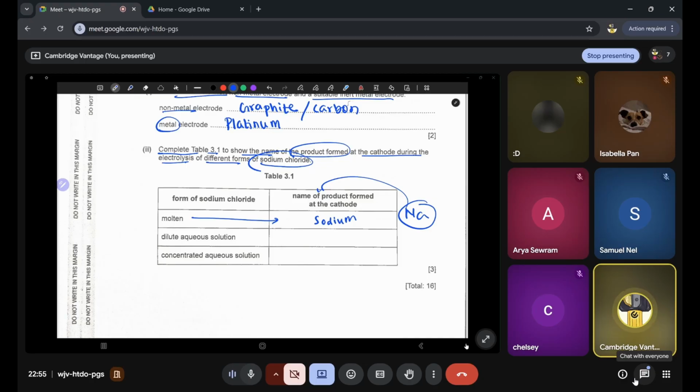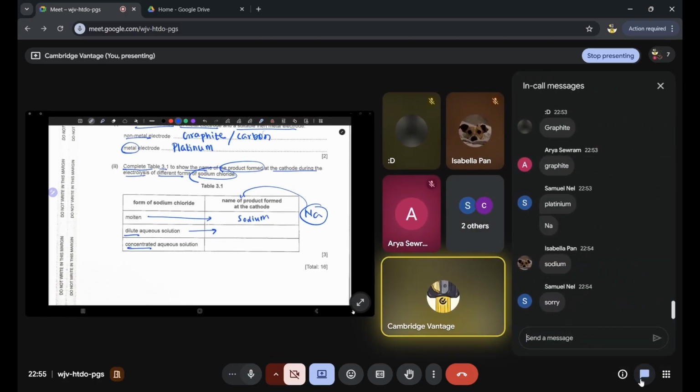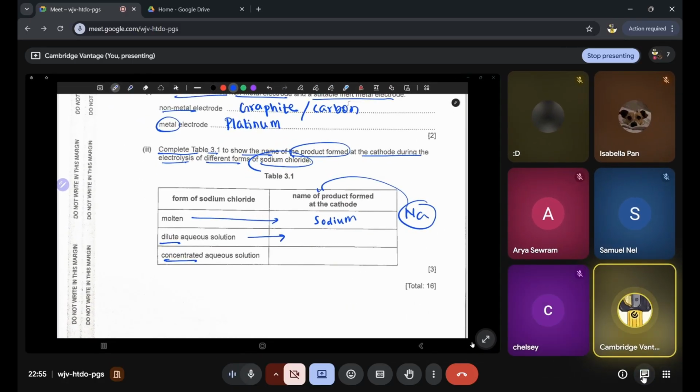All right. The next part, dilute aqueous solution. So they made a distinction between dilute and concentrated. Chelsea, what should be the product when dilute sodium chloride is electrolyzed? Chelsea, are you there?